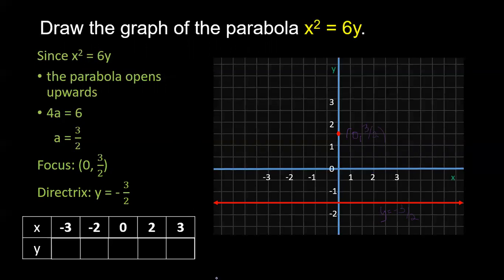I computed the values of y given these values of x. So I got these values. For x equals negative 3, y is 3 halves; negative 2, 2/3; 0, 0; 2, 2/3; and 3, 3 halves. So connecting these points will give me this parabola. Okay? So this is x squared is equal to 6y.